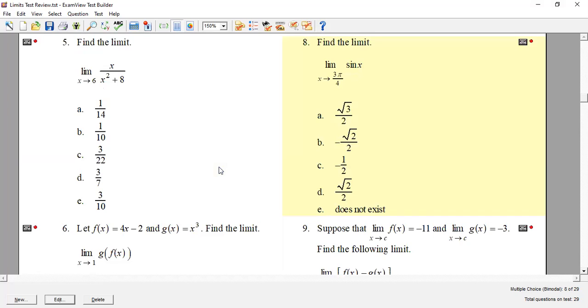Is the sine function continuous? Yes. So what can we do? Direct substitution. So in your calculator, sine, it's 3 pi over 4. And I'll show you my calculator in just a second.